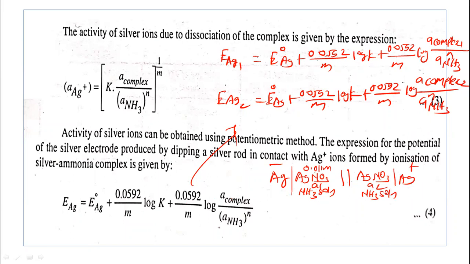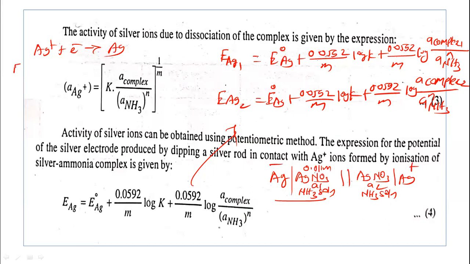Now this is a concentration cell, both the electrodes being the same. So what is the derivation of the silver electrode potential? It is according to the reaction: silver ion plus electron gives silver. We can write the derivation for the silver electrode.